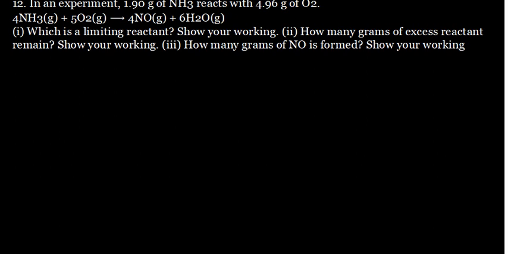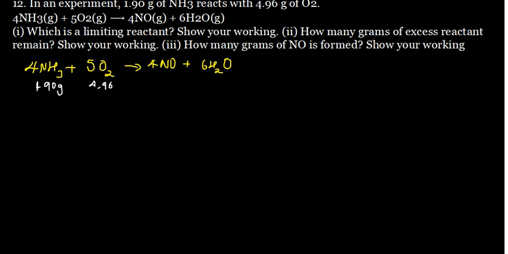Now, from what you've been given, we have got 4 moles of ammonia reacting with 5 moles of oxygen to produce 4 moles of nitrogen monoxide and also 6 molecules of water. Again, what you've been given, the mass of ammonia is 1.90 grams. The mass of oxygen is 4.96 grams.